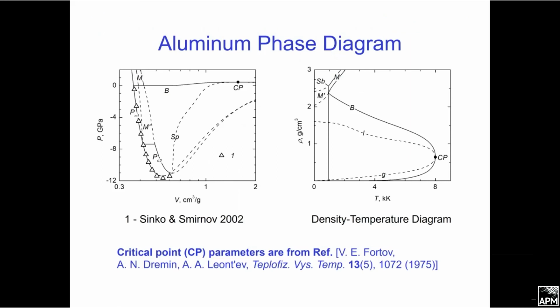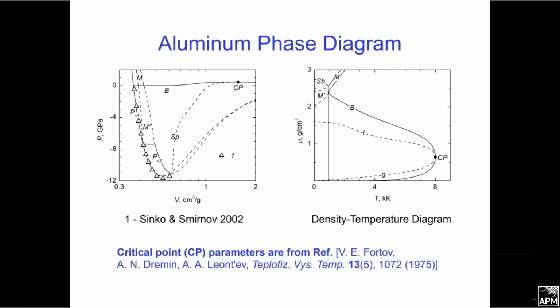Also phase diagrams of aluminum: pressure versus specific volume at negative pressures, and density versus temperature.